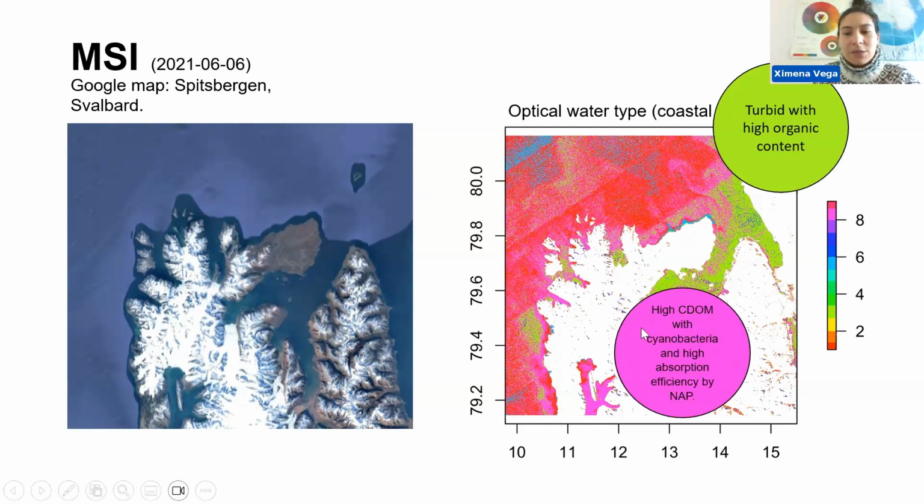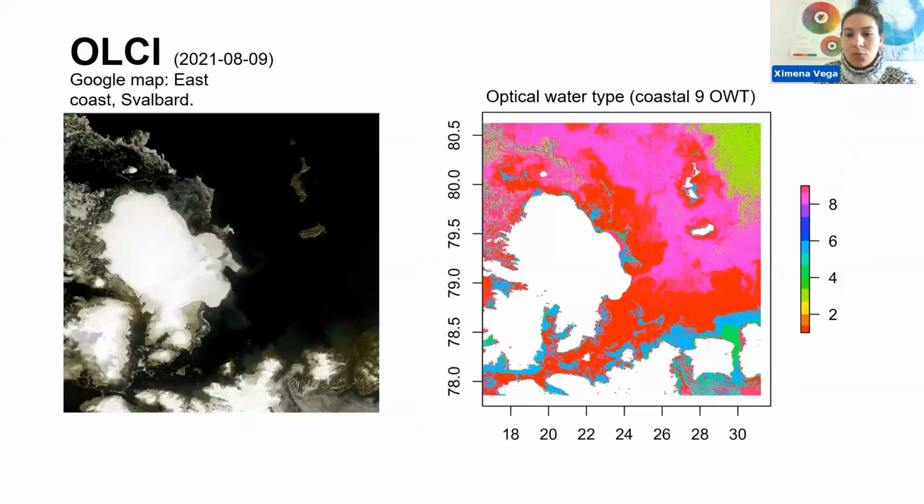So these maps, as you can see, can tell us a lot about what's happening in these highly complex systems, and probably what might be the role of, for instance, some small glaciers or bigger glaciers or just land. How might they impact with regards to, I mean, biochemistry, but also primary production.